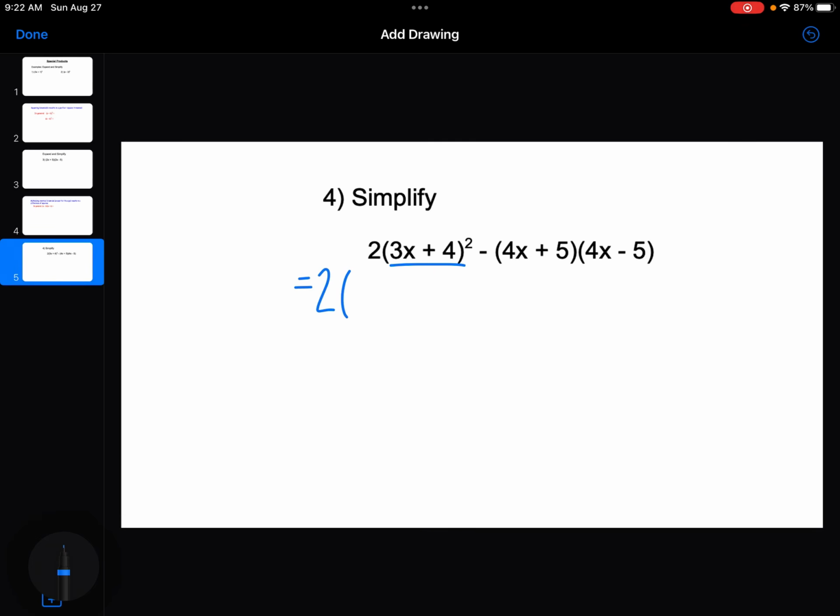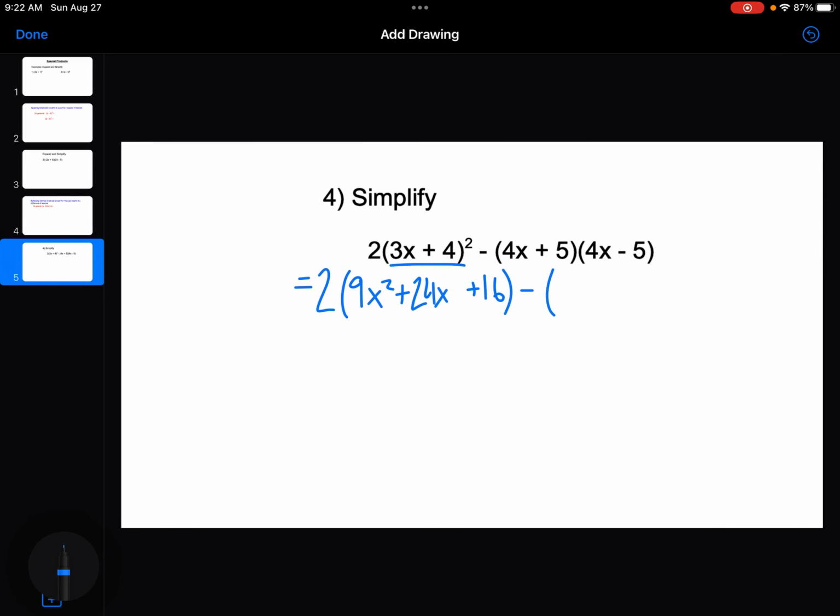Square the first, we get 9x squared. 3 times 3 is 9. I'm going to square the last, plus 16. And then in the middle, I'm going to have that middle sign. Then 3x times 4 is 12x, and I'm going to double it. Multiply them together and double it. So we get plus 24x.